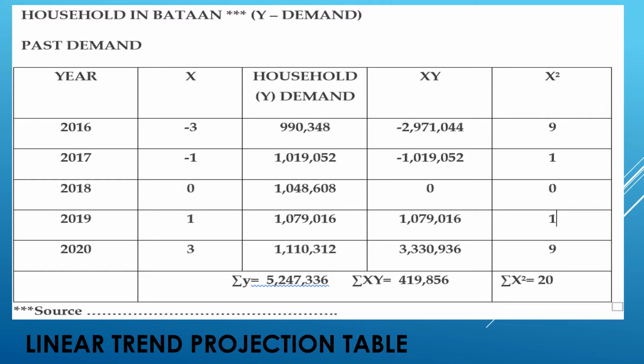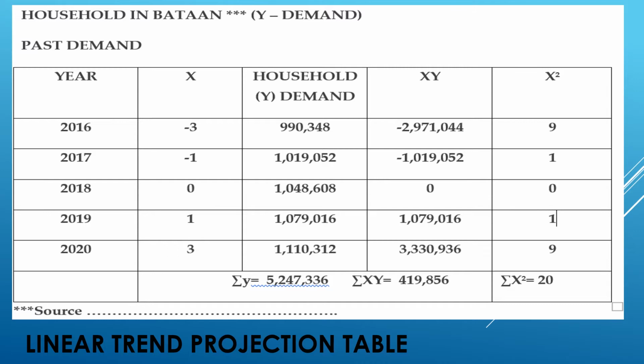So if those are 5 years given by the PSA, or 5 years given on the website of Bataan, or let us say we are computing supply and we got the data from distributors, suppliers, or manufacturers, and the years 2016 to 2020 were given to us, that is what we put in the first column. So, that would appear on our linear trend projection table.